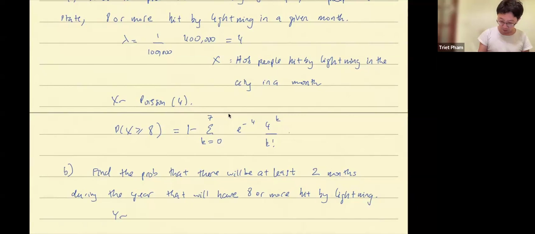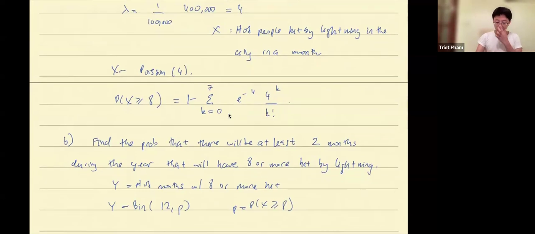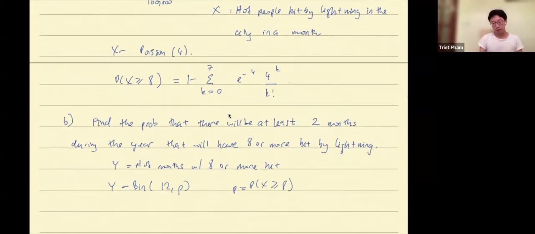If you let Y be the number of months in a year with 8 or more hit, then Y is a binomial 12, p, where p is the probability X bigger than or equal to 8 in part A. So that's that model thinking, recognizing that it's a binomial.